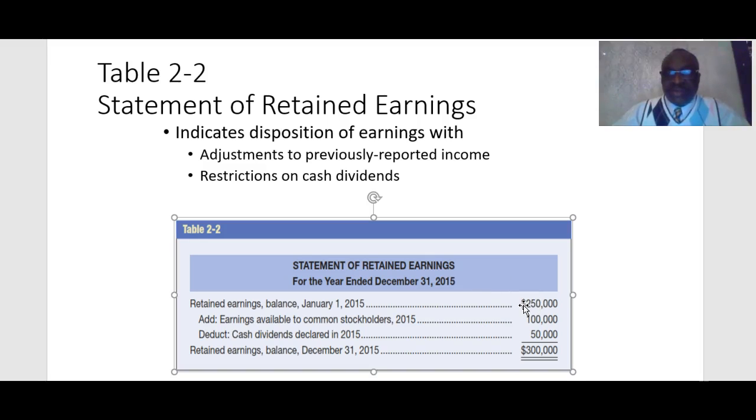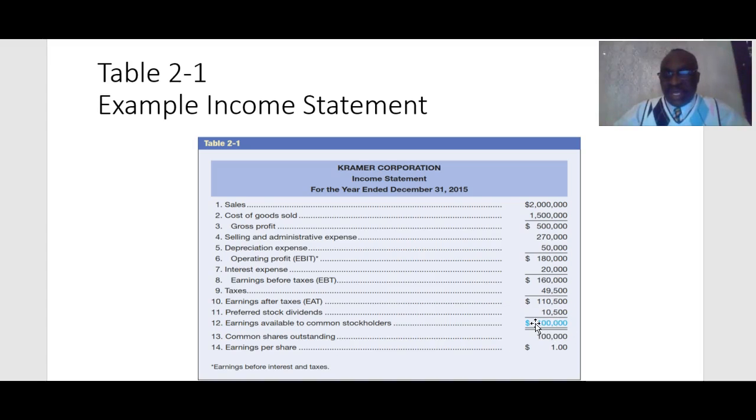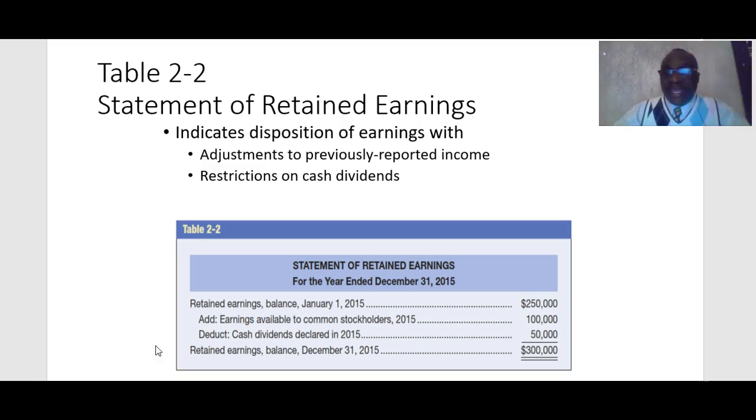Over here, you have 250, and then now you have earnings available to stockholders, which is the 100,000 from this page right here. So let's go back, and then you take out the cash dividends declared, which means the company decides to pay cash dividends to common stockholders and preferred stockholders. So the total earnings that will be in the statement of retained earnings will be 300,000 in this case.